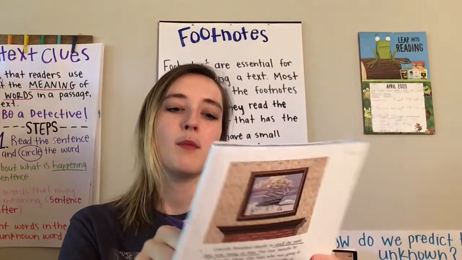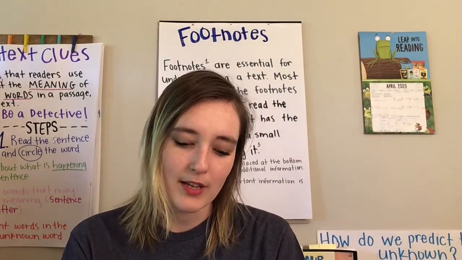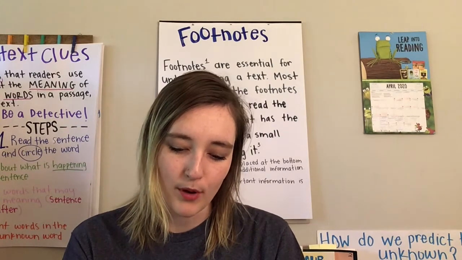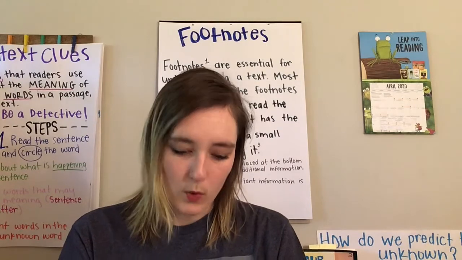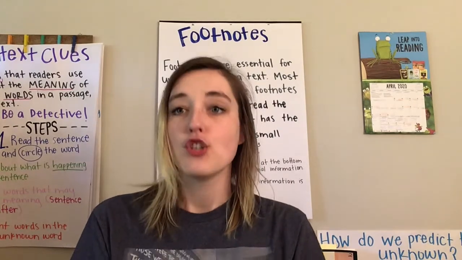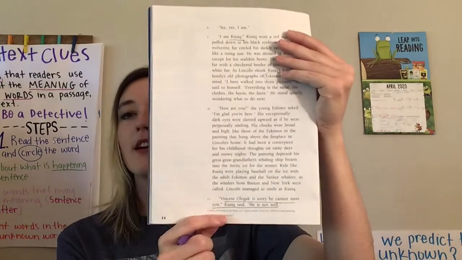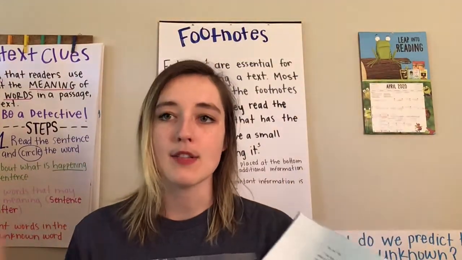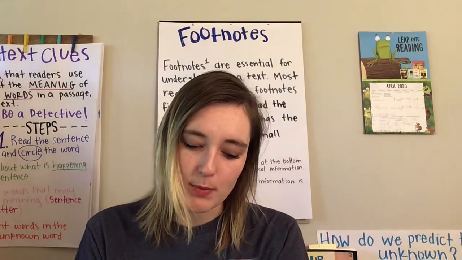Okay, so Eskimos, go all the way down. Number 1 says, term referring to the Inuit and Yupik people, from the Ojibwa word meaning maker of snowshoes. So what the footnote is doing down here is describing what an Eskimo is. It is referring to the Inuit and Yupik people.